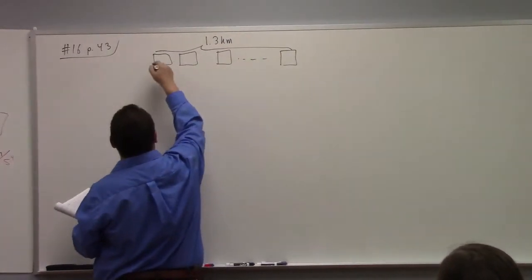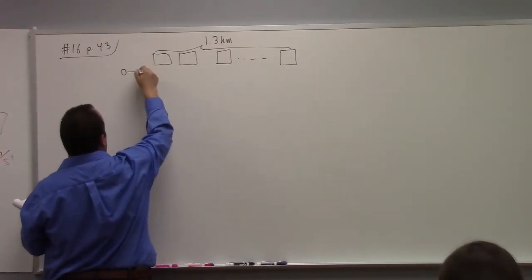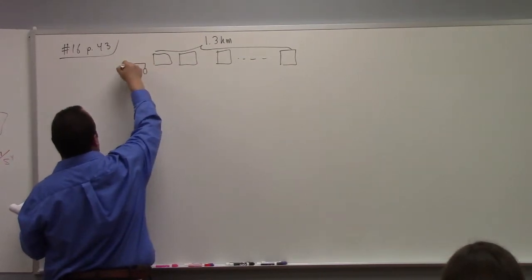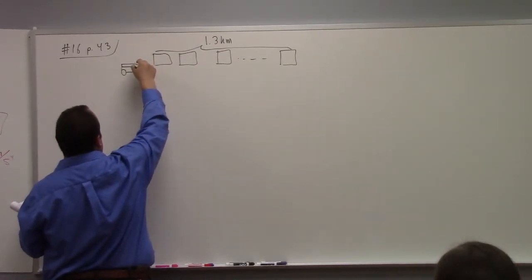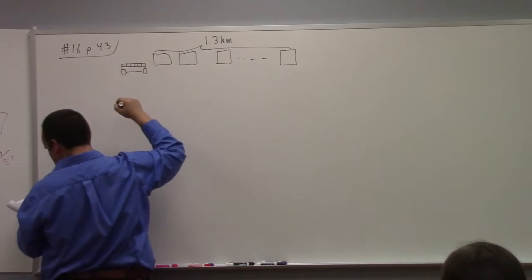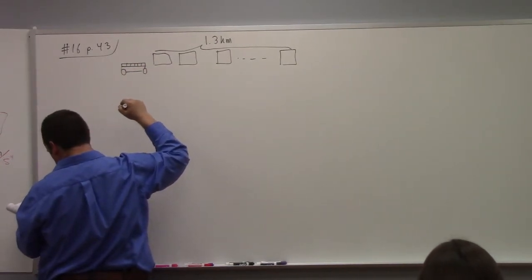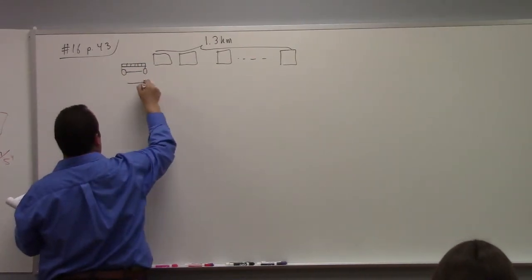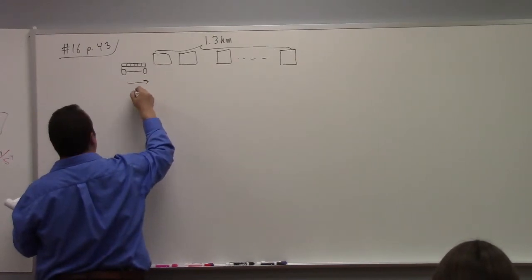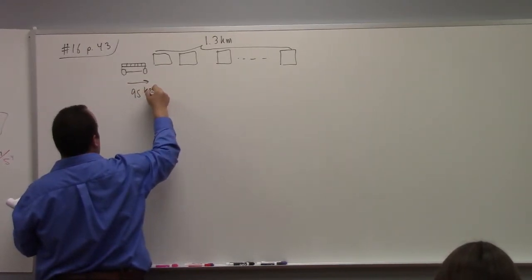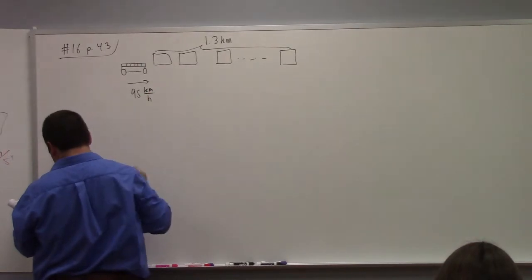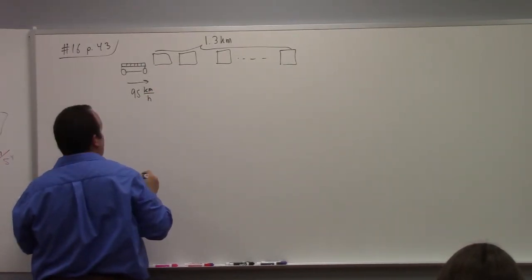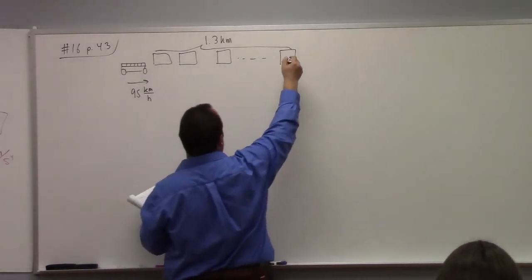And so then there's a car, and as you can see, my cars are very sad. And that car is traveling with a velocity of 95 kilometers per hour. It says the train's speed is 75 kilometers per hour, right?